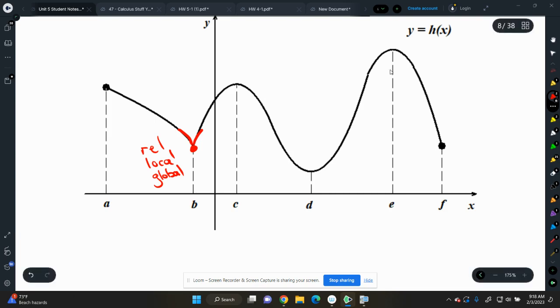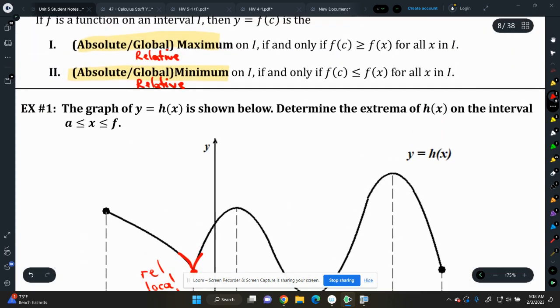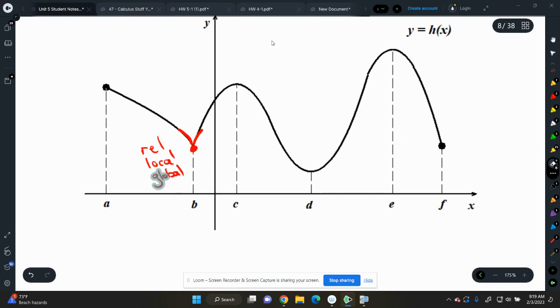Yeah, that's what absolute is. I think you're right. Thank you for noticing that. So they're using global and absolute as the same, relative and local as the same. Okay, good. Thank you.